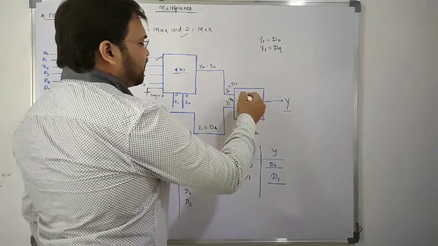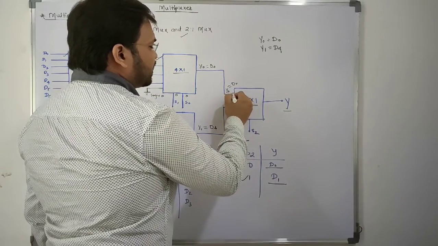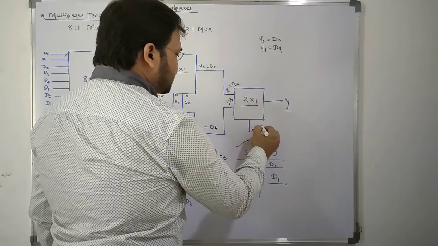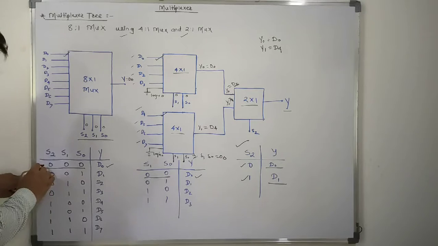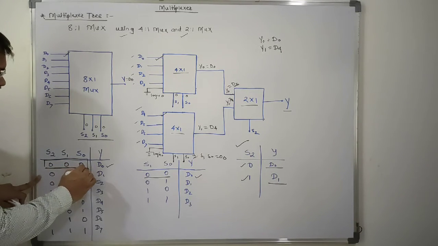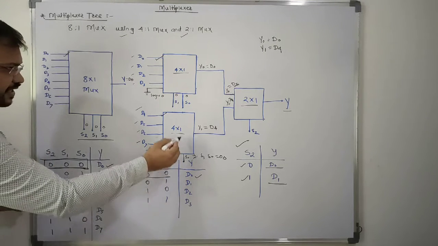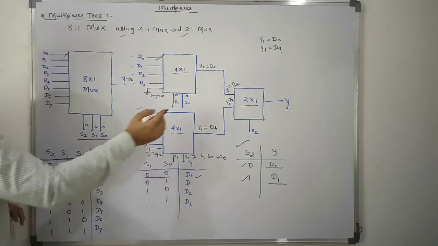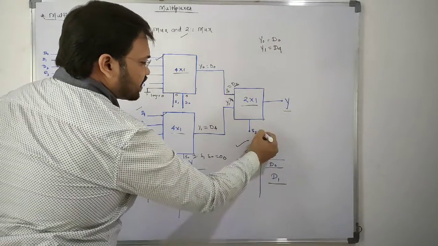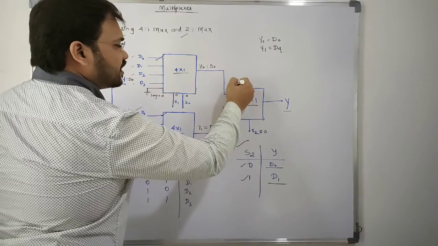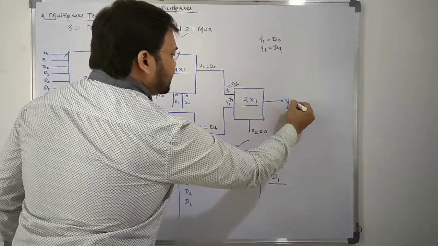In this case the first one is D0. S0 and S1 we have already selected as 0 0, and the second term S2 is 0. So we have selected S2 equals 0, and D0 is selected.